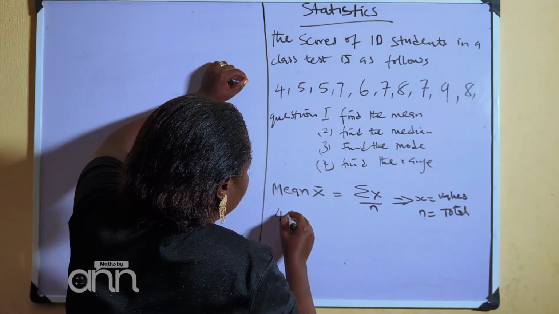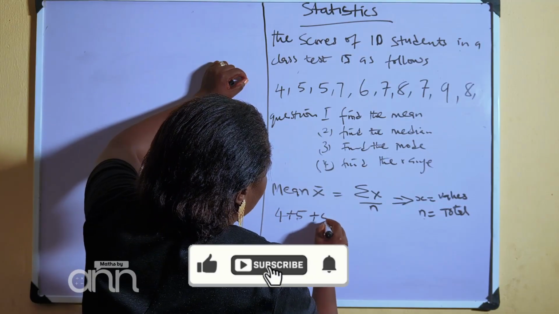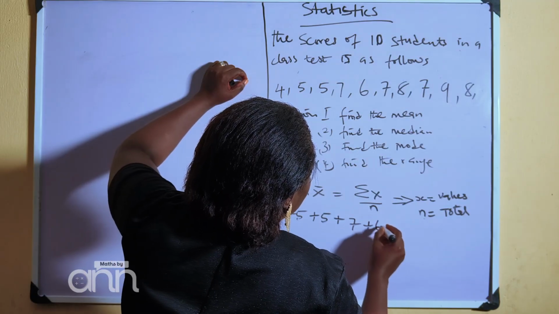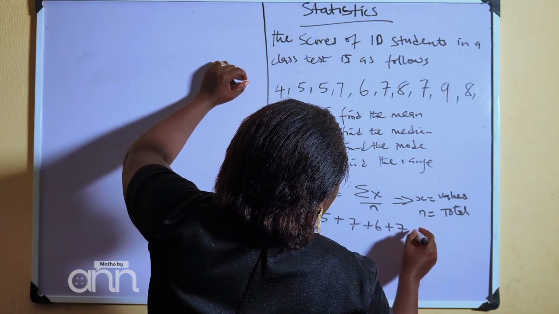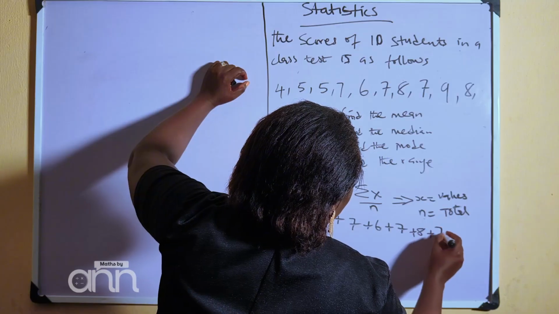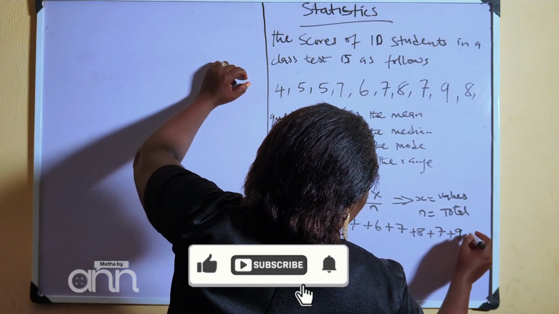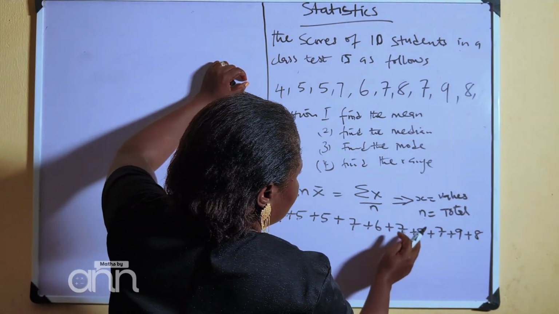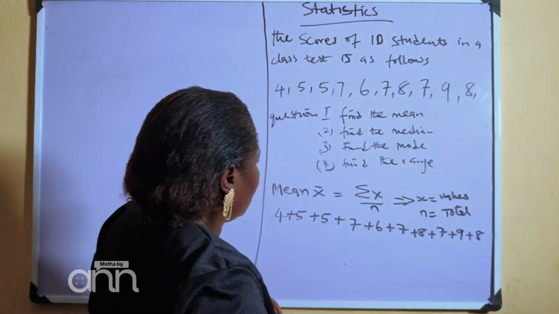4 plus 5 plus 5 plus 7 plus 6 plus 7 plus 8 plus 7 plus 9 plus 8. 1, 2, 3, 4, 5, 6, 7, 8, 9, 10.